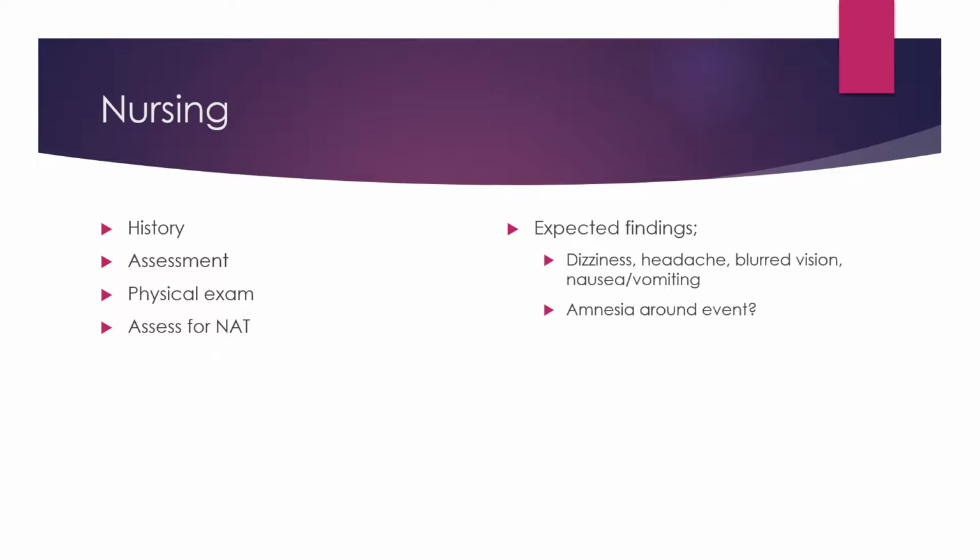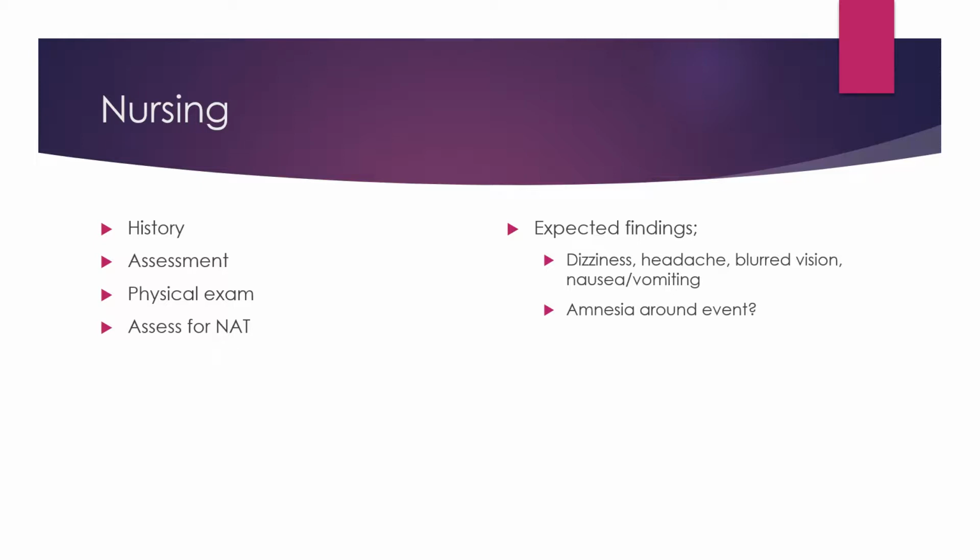So a good detailed history, and then a physical assessment. Any events leading up to the time of the accident, you want to know that as well. I know with teenagers, we want to know if there were drugs or alcohol involved. That's, of course, not pertinent with our younger kids.